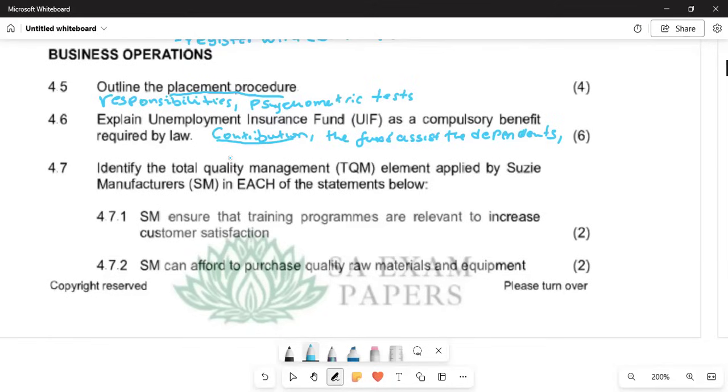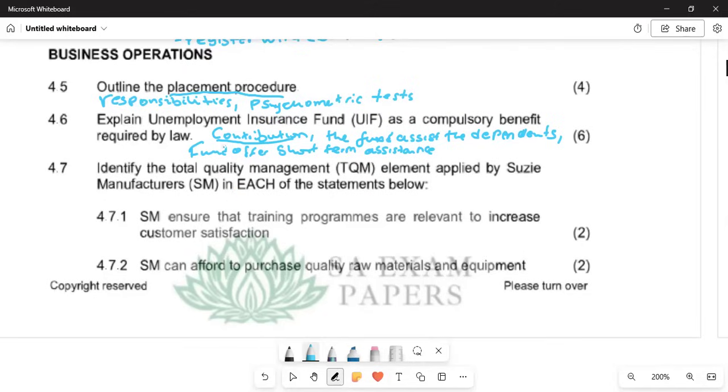Also, the fund offers short-term financial assistance to workers when they become unemployed. So the fund offers short-term assistance in the case whereby the worker finds himself in a situation where he is unemployed.